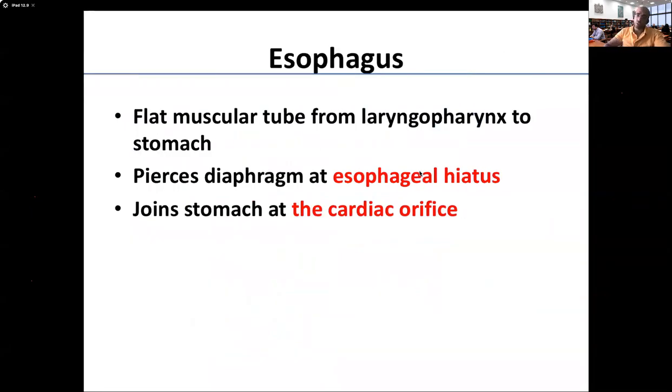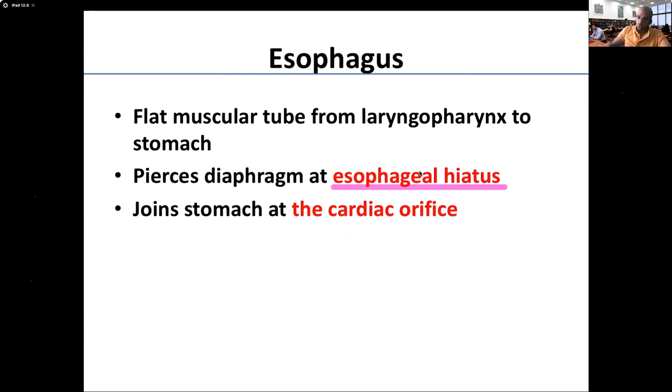All right. Moving on to another part of the gastrointestinal tract, this is going to be a muscular tube connecting the laryngopharynx to the stomach. This is going to be the esophagus. And the esophagus is going to be passing from the chest to the abdomen, passing through the diaphragm. So it passes through the diaphragm here, passing through the esophageal hiatus.